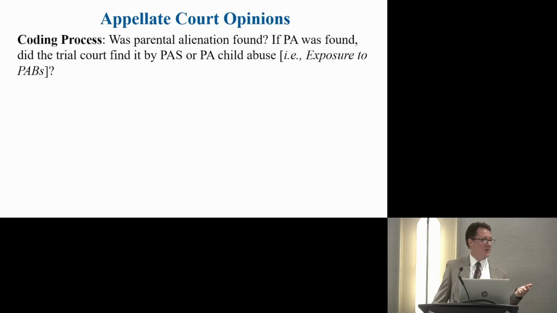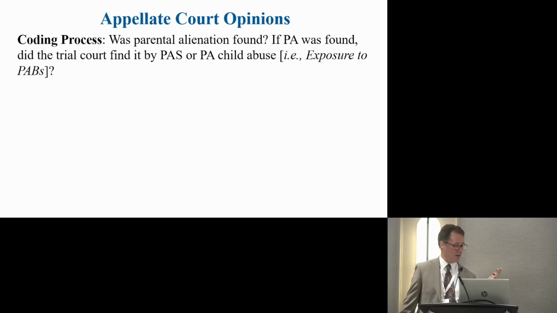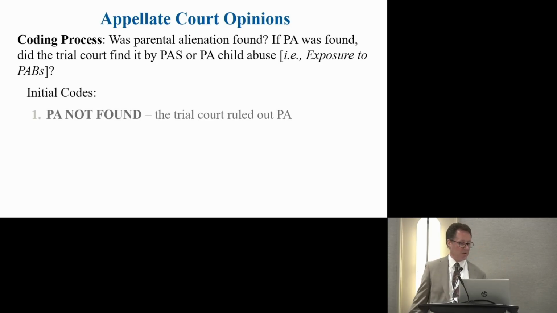And our coding process was we were asking these questions. Was parental alienation found by the trial court? If PA was found, did the trial court find it by symptoms in the child or by parental alienation child abuse, as we just discussed, that means exposure to parental alienation behaviors. Our initial coding, this is what we literally put in our hundreds and hundreds of pages of cheat sheets and coding between 3 coders, including myself: PA not found, the trial court ruled out PA.